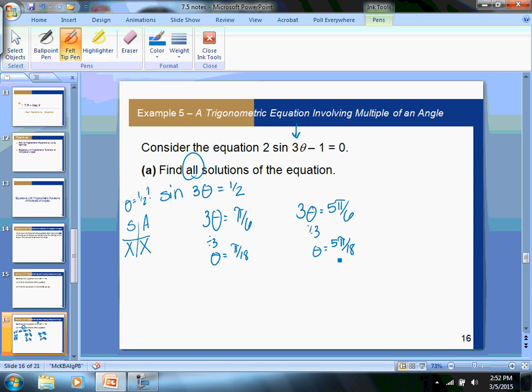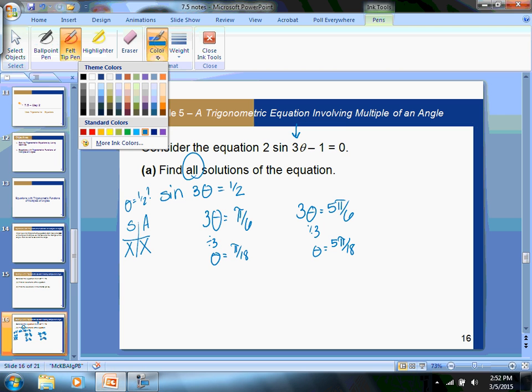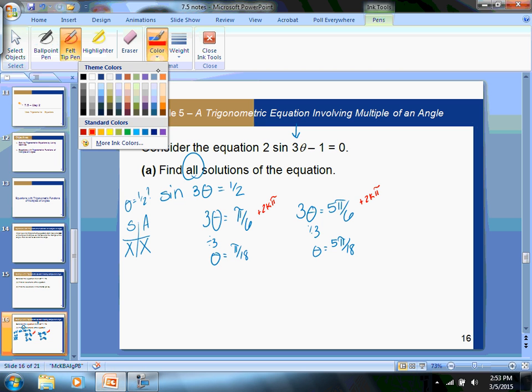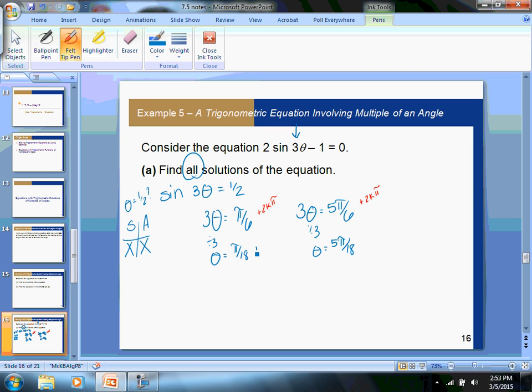And now if it was a normal general solution, I would add the 2k pi, because it's sine. But remember I'm dividing by 3. So I'm going to add 2k pi divided by 3.